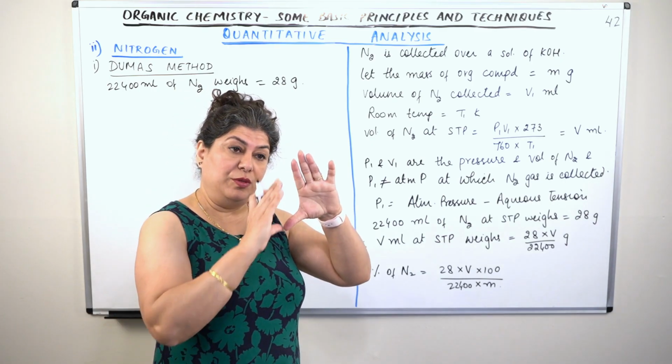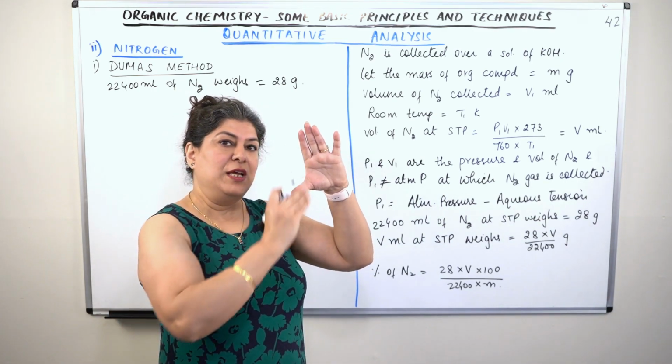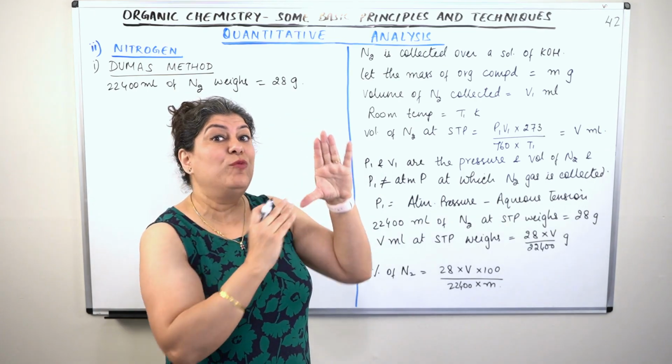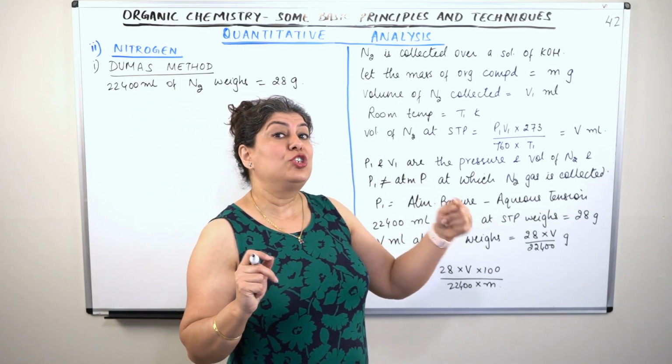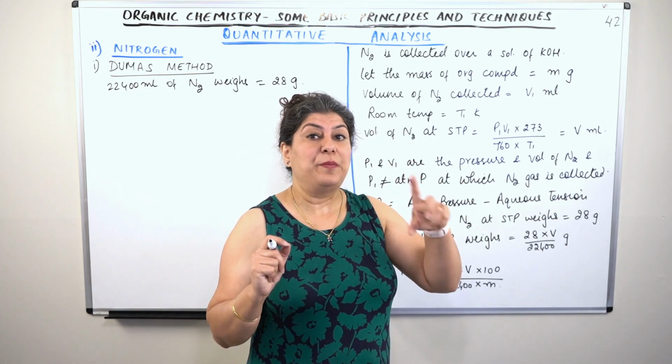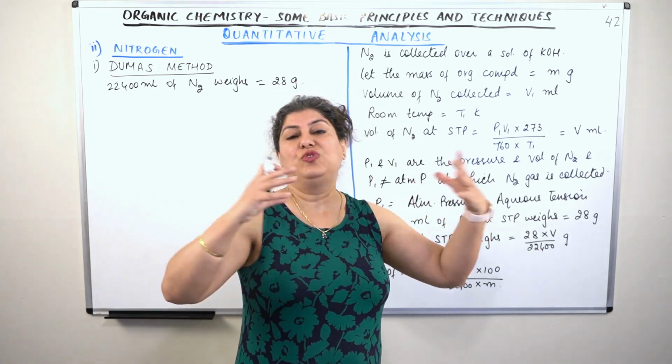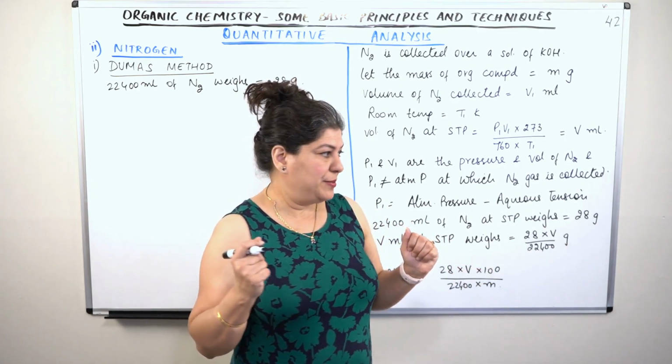Now we have the volume of nitrogen in the nitrometer. We have collected the nitrogen, and we know its volume because it is calibrated. Using this information, we are now going to find out its volume at standard temperature pressure conditions and then use it to calculate our mass.